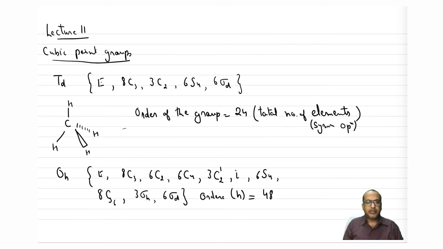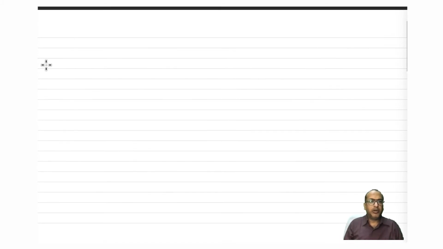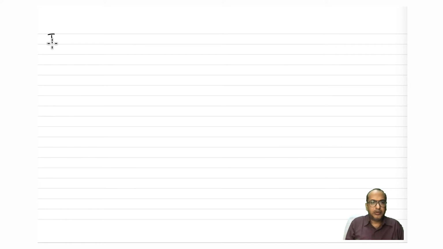Okay, next in cubic point groups is the icosahedron, denoted by IH. The example here includes the B12H12 2 minus ion, which takes up IH. I'm not going to cover the shape again, since we already know the shape of the icosahedron.